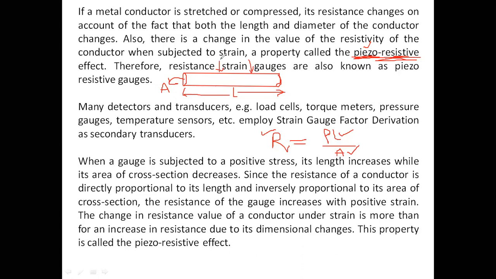If I apply strain like this, what will happen? I will take another color to represent the effect of strain. See here, the cross-sectional area of the material will decrease and the length of the material will increase.